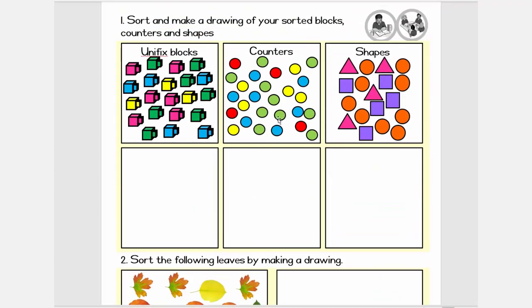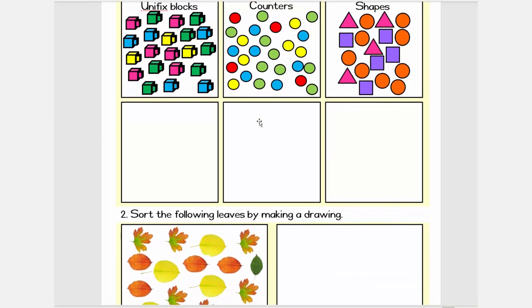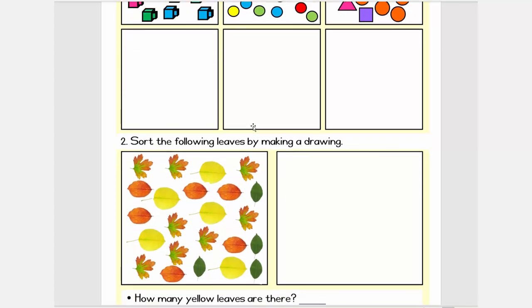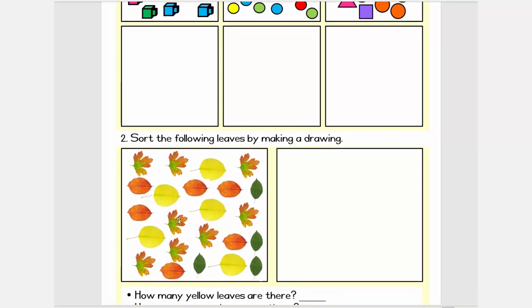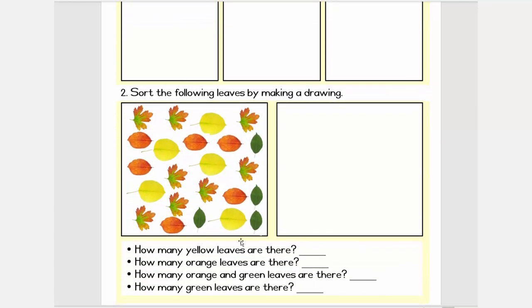Then we're going to go to the worksheet. So the worksheet is based on what we've done during the lesson, the practical activities. Here again, when they're going to sort the leaves, very basic drawings. They don't have to be perfect, but it's just to get the idea. And then they need to answer the questions.